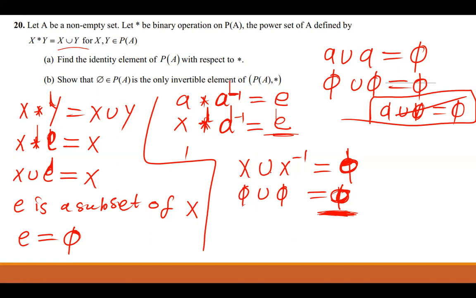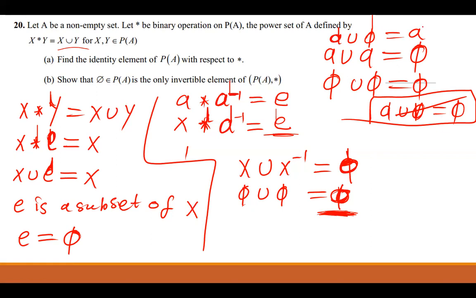Any element x union its inverse, like the example I gave here, there's no probability of finding an empty set after finding the operation between any element and an empty set. Any element union an empty set, the answer is supposed to be that same element.